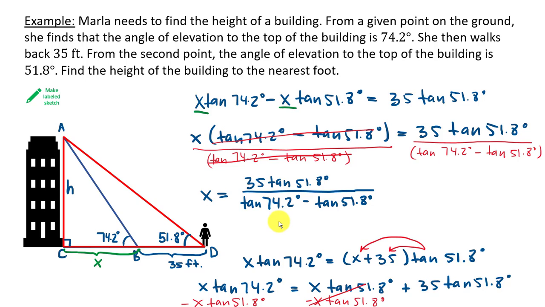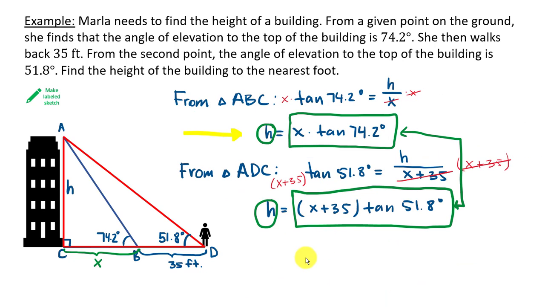Well, I'm not going to evaluate it yet because I want my final answer to be as accurate as possible, so I am trying to avoid any rounding as I go. What I'll do, I'll take this value and come back to where I started.